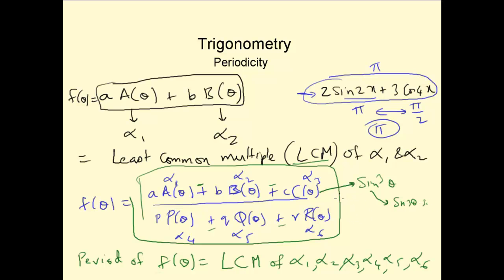Similarly, if you have cos power 4 theta, you need to convert it first to cos square theta, then to cos square 2 theta, and then probably to cos 4 theta, something like that, and then find the period of that. So first you need to convert all the squares to the normal or powers of 1, and then find the LCM of all the periods of them, and that's the period of the whole function here.